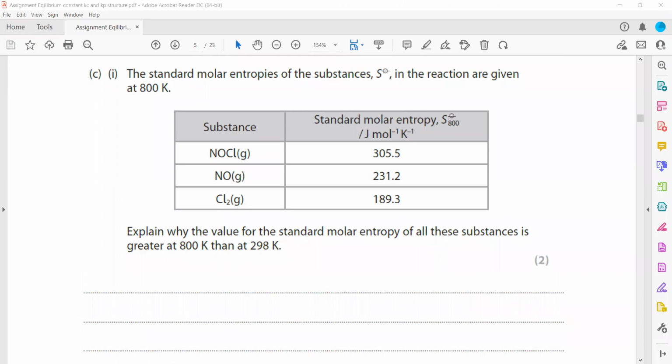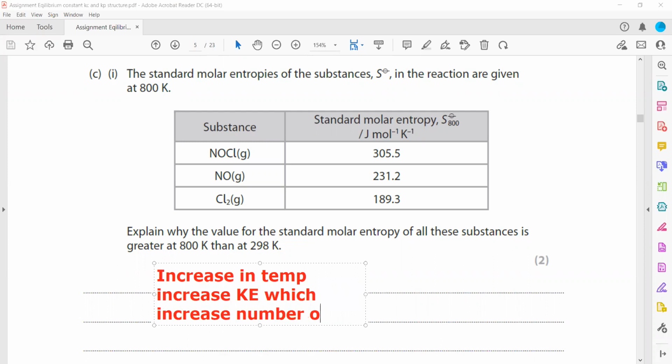Because when we increase the temperature, the particles will have more energy, greater kinetic energy, which means a greater number of ways of energy distribution. So an increase in temperature increases the kinetic energy, which increases the number of ways of energy distribution. So as the temperature increases, there are more ways the energy can be distributed.